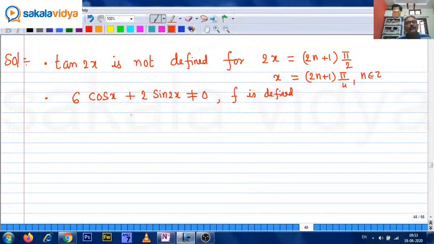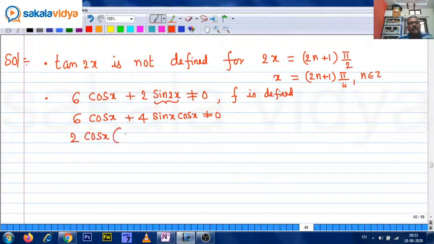To define f, 6 cos x plus 2 sin 2x does not equal 0. Here sin 2x is 2 sin x cos x, so this can be written as 4 sin x cos x. Now you take 2 cos x common. We have 3 plus 2 sin x does not equal 0.